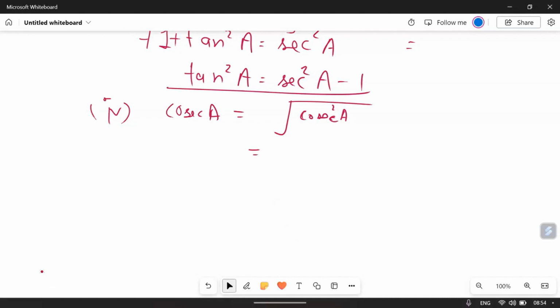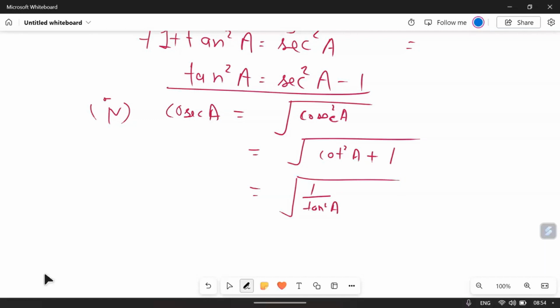Now cosec square A can be written as cot square A plus 1, and cot square A can be written as 1 upon tan square A, plus 1. Take the LCM. Since now that tan square A we need to convert to sec, there is the formula 1 plus tan square A must be equal to sec square A, right? So we can write tan square A as sec square A minus 1.